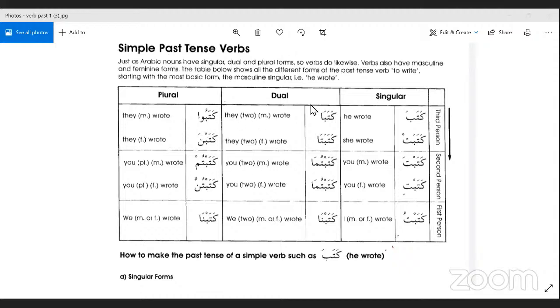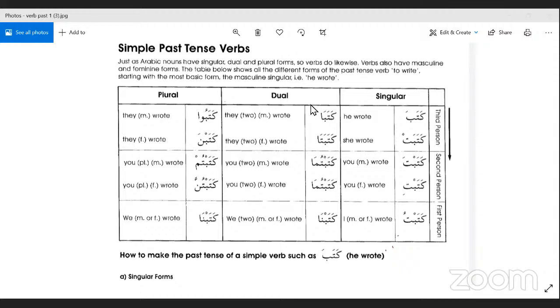Okay. All right. Jalasu. Correct. And then she sat. Jalasat. Correct. Jalasata. Correct.